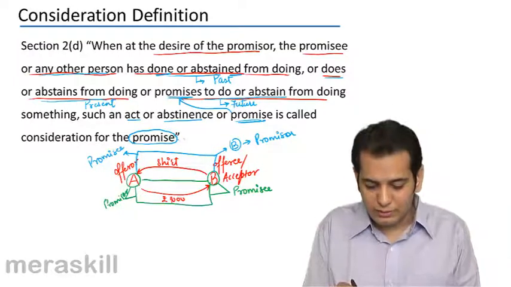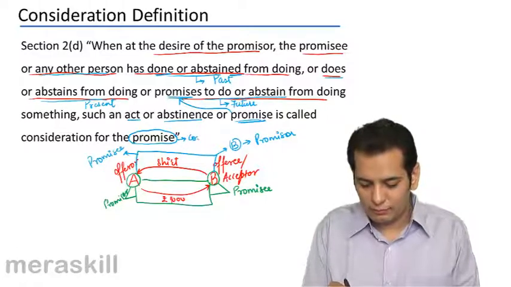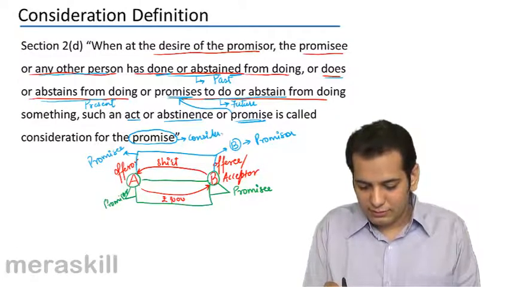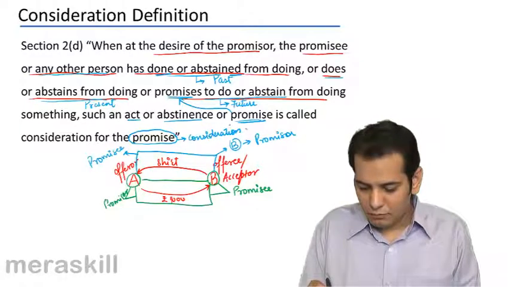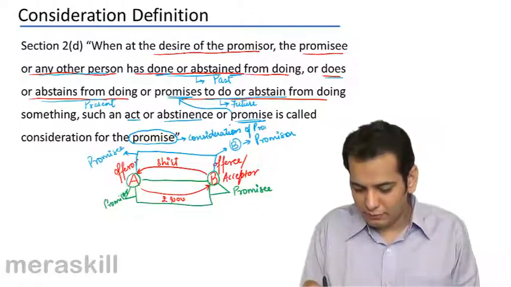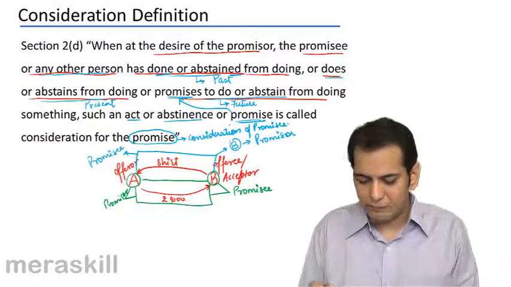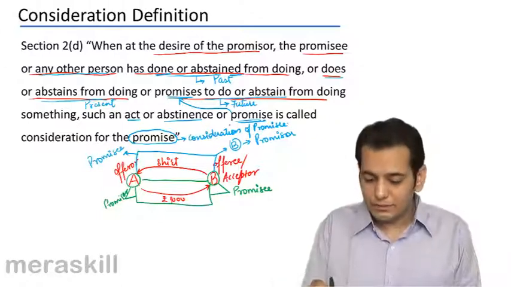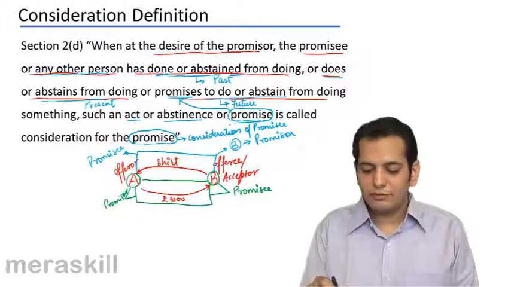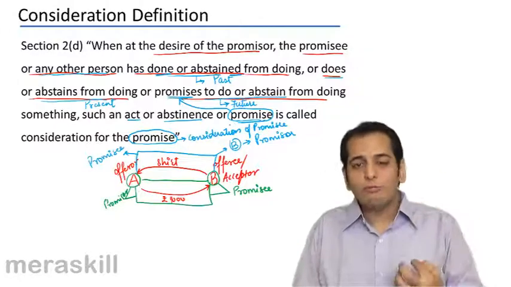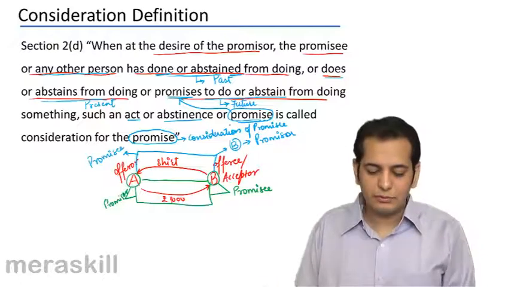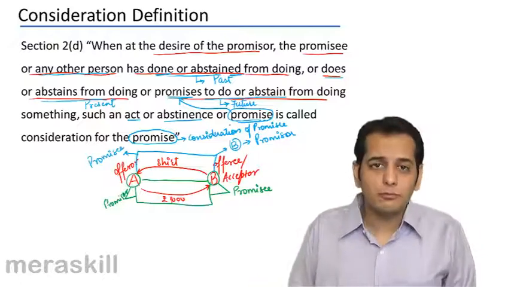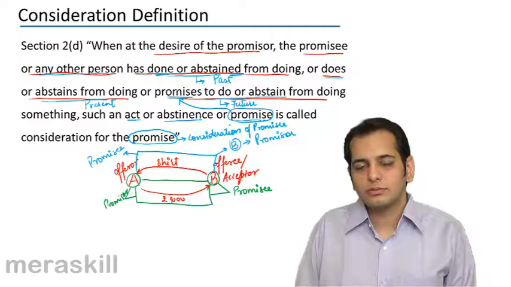So this promise refers to consideration of promisee. Whereas this promise refers to the promise to do in future that I've just explained. So don't get confused between these two promises.